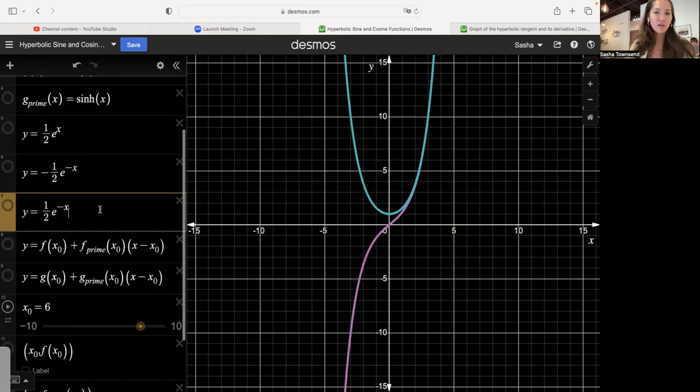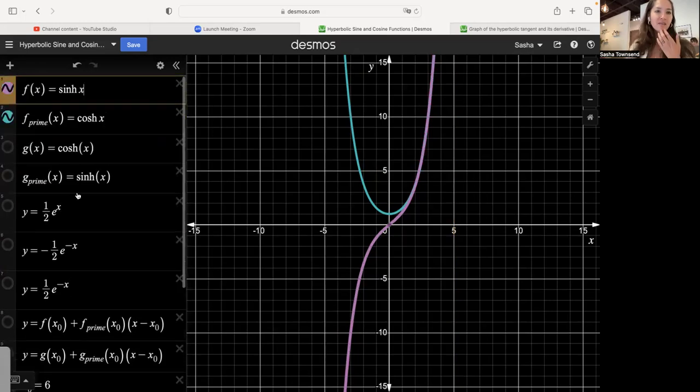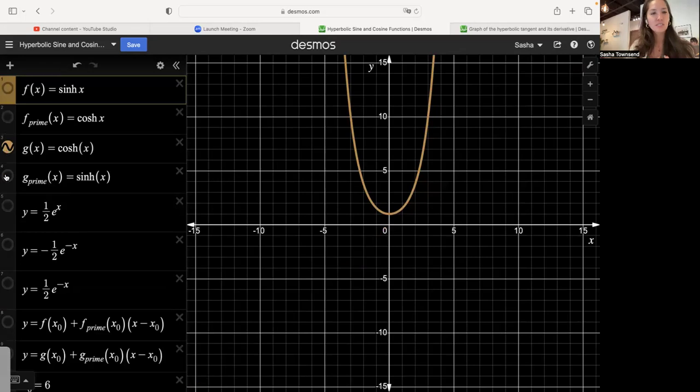Now we can also change our frame of reference. And instead of thinking of sine as the curve and cosine as its derivative, we can think of cosine as the curve of interest and think of sine as its derivative. So let's draw some tangent lines on the cosine graph now.